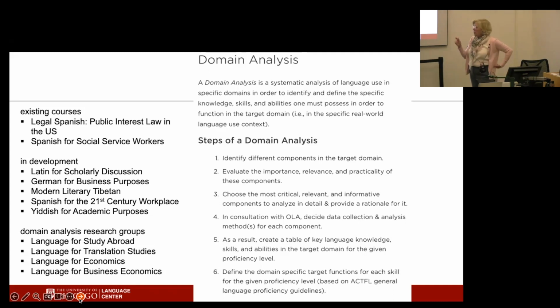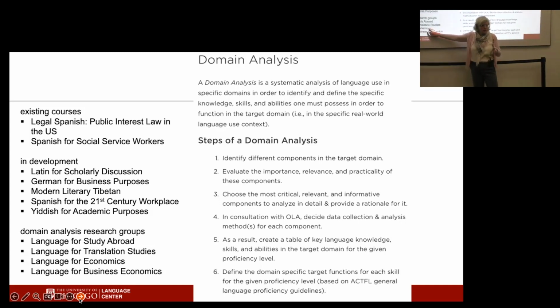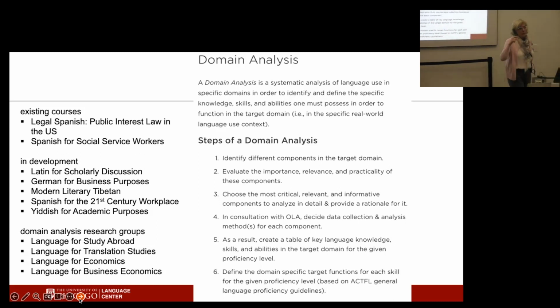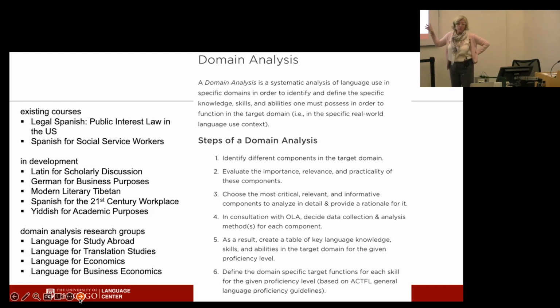We polled those students, and they are interested in language courses in economics, which at the University of Chicago is very theoretical, and business economics, which is a more practical course in economics. So we will have 2 groups working this coming year on a domain analysis to identify the knowledge, skills, and abilities, and then design tests, and then design courses to attract those students back into our language programs.